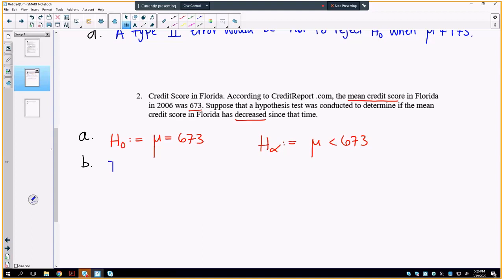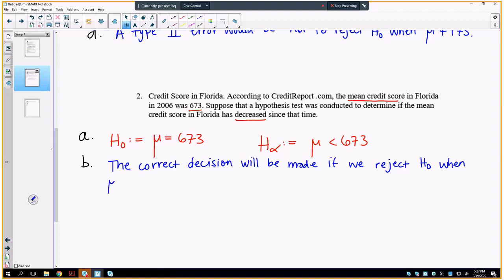So the correct decision will be made if we reject the null hypothesis when mu is less than, sorry, not equal to 673.